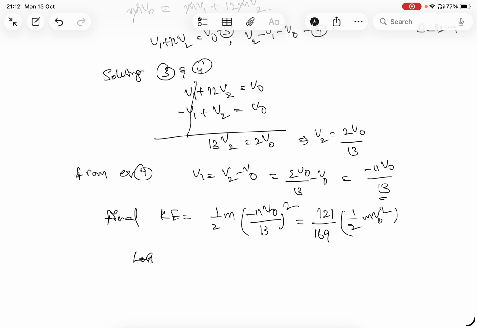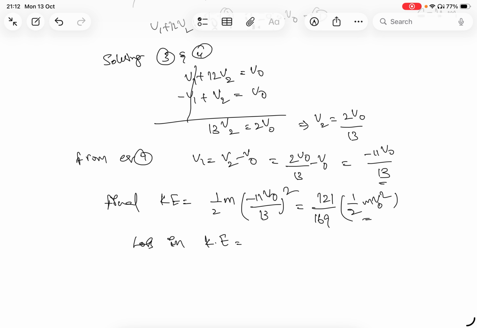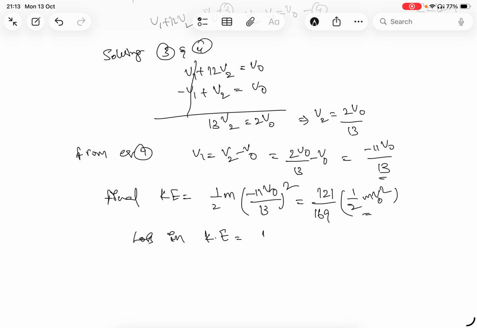Then the loss in kinetic energy is initial minus final, which is half m v0 square times 1 minus 121 by 169, which can be written as half m v0 square times 48 by 169.